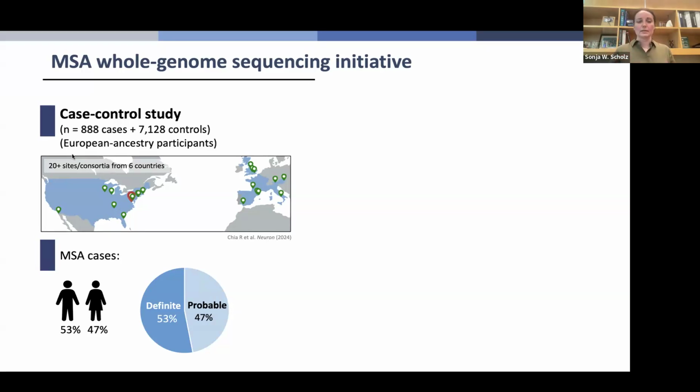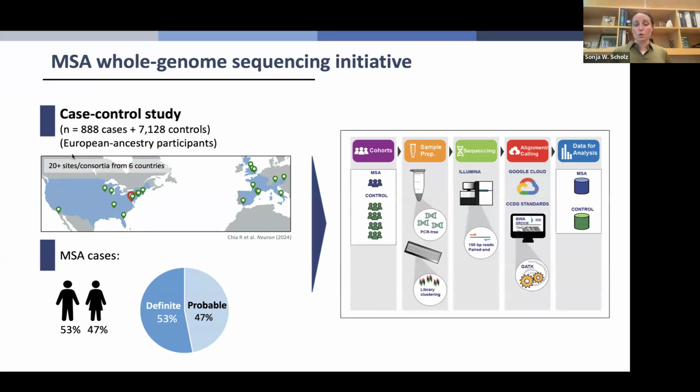Those are the probable cases, so that the risk of including mimic syndromes is very minimal. And so all of these individuals have undergone whole genome sequencing using a standardized pipeline, using the latest technologies, and then putting these data together on a cloud environment, and then analyzing them to gain some insights.